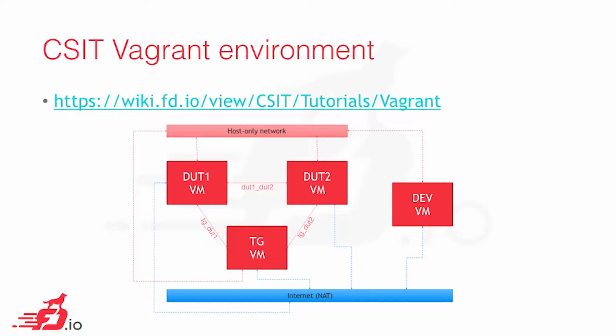Then the Windows setup, which is on the wiki, contains a development VM, where you can basically connect the network, which is here. You will get separate links between the devices, and then there are 2 networks. One is the management plane, the host-only network, that the development VM connects to the DUTs, setting up basically everything, restarting VPP, grabbing the statistics, setting up the traffic generator, executing scripts, grabbing back the results.